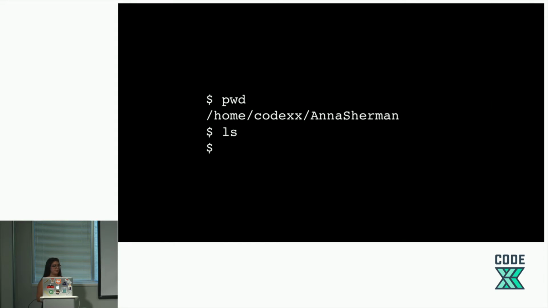All right, so if we do a pwd, we should be in your newly created first and last name directory. And if you do an ls, you'll get nothing because there's nothing in that directory. So let's put something in there.